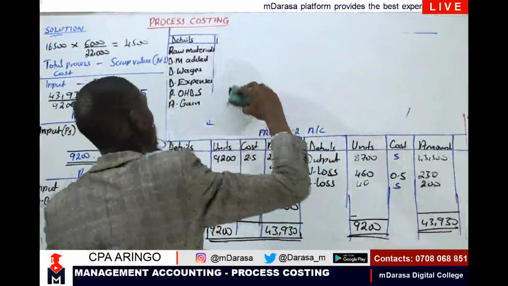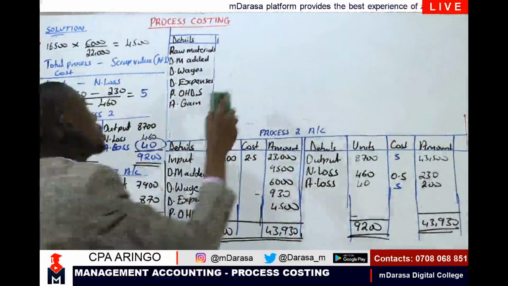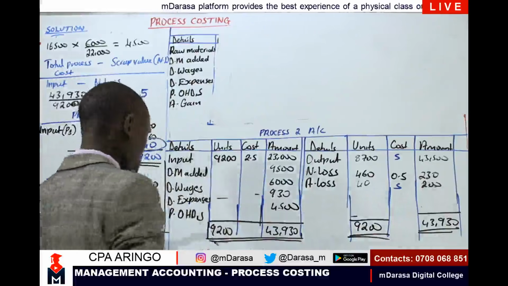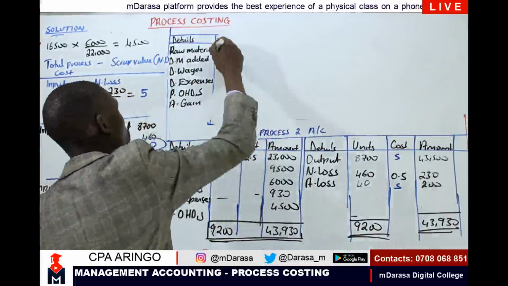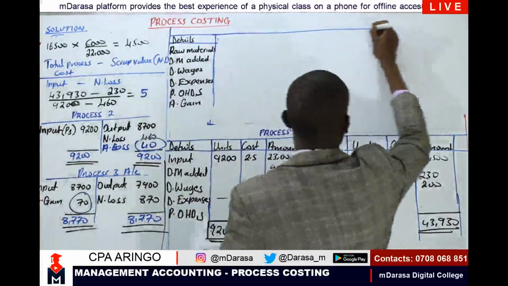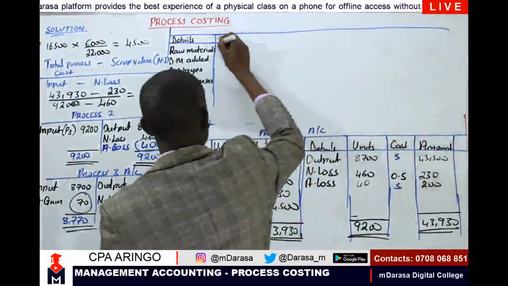Get rid of all that. So having our process 3 account, this is what you are going to do. So I should be having process 3 account.